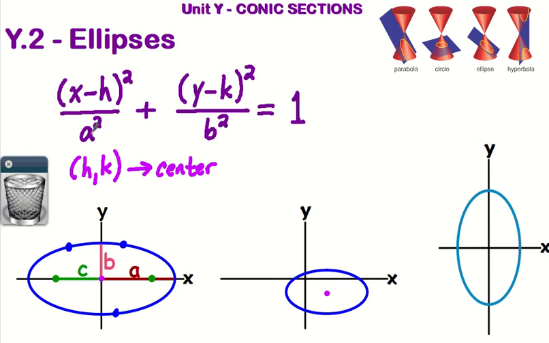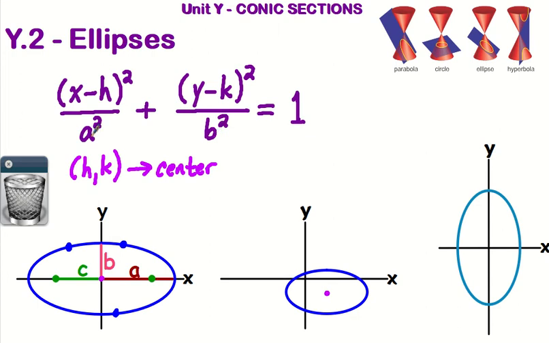We also have this a value and b value. Over here, let me just get this out of the way, it has to always equal 1. So that's a constant staple in the standard form, equaling 1. But we also have this a value and b value, okay?